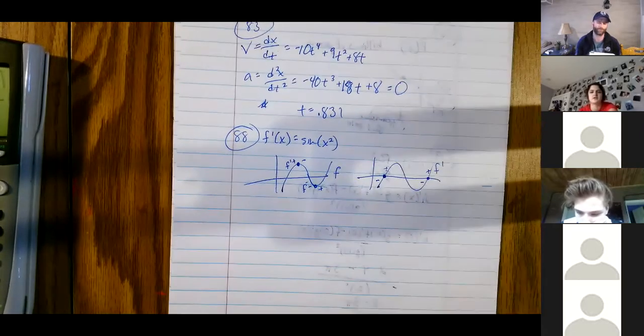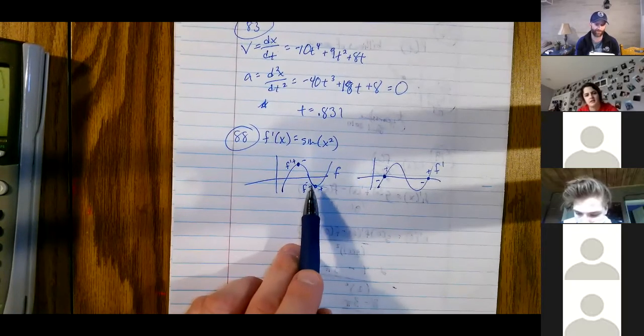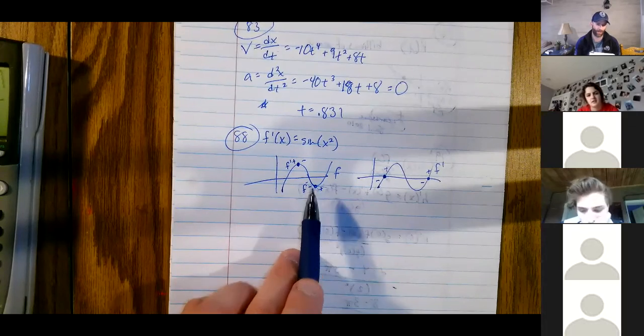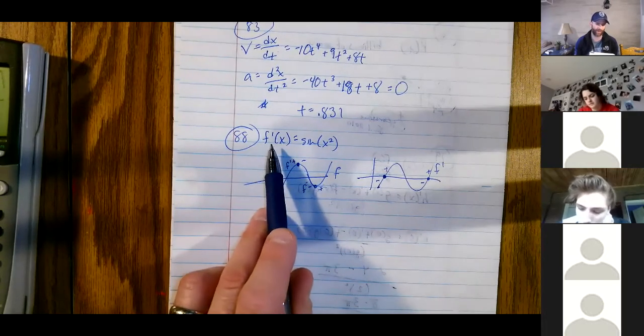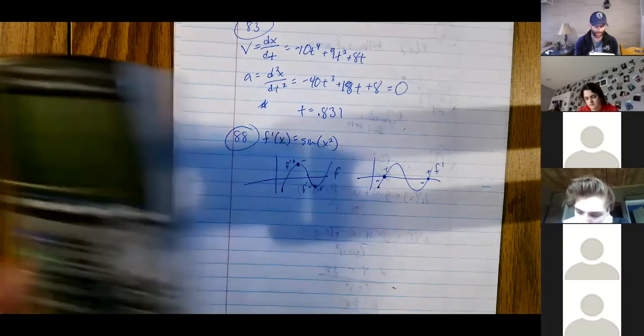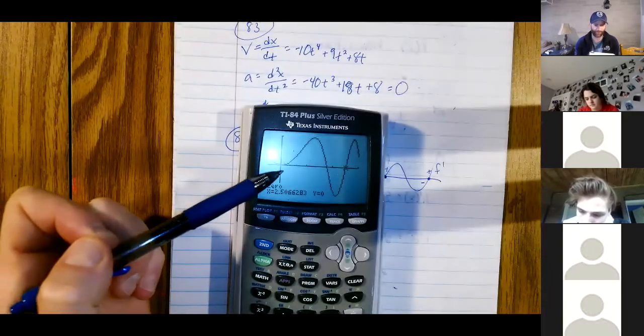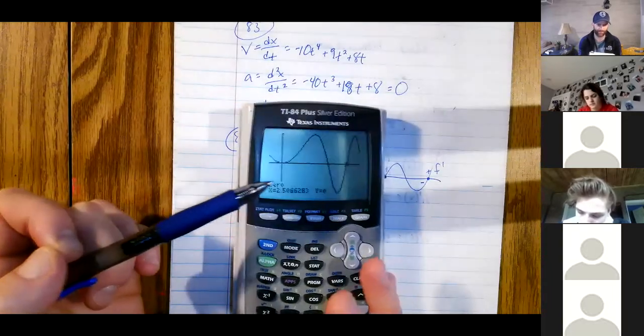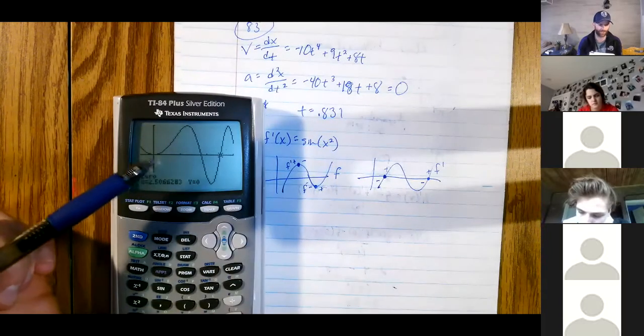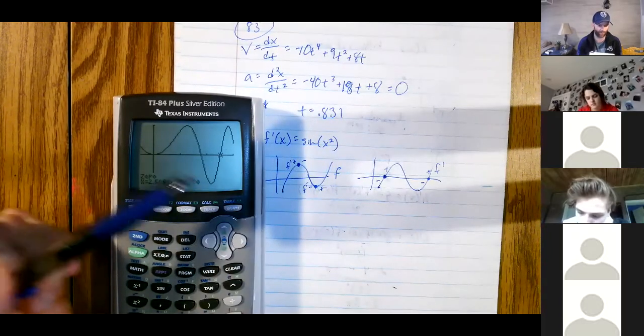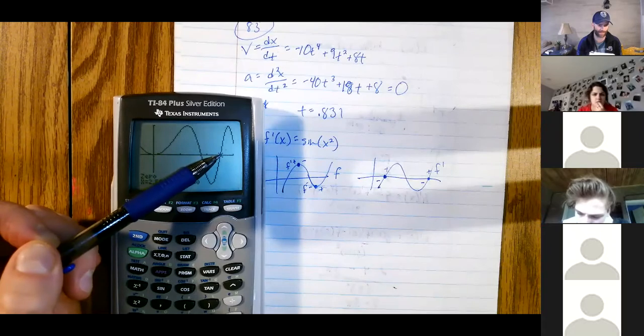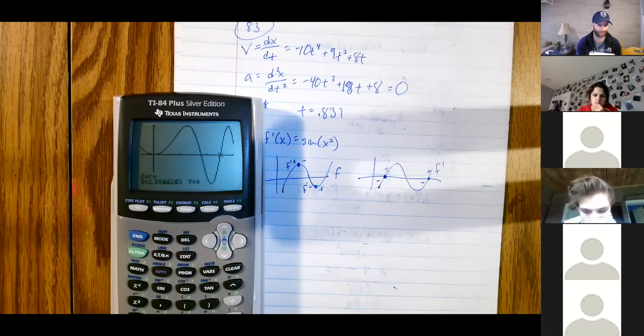The first picture was a graph of f. In our problem, we were given that f prime is sine of x squared, so I graphed f prime, which is what we were given. We were looking for where this graph goes from below the x-axis to above the x-axis.